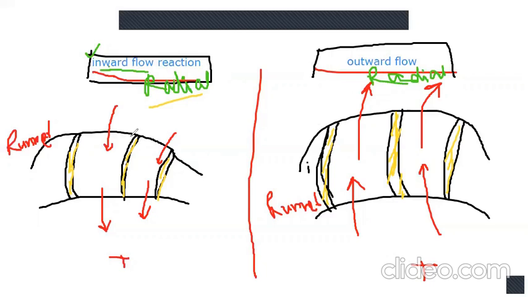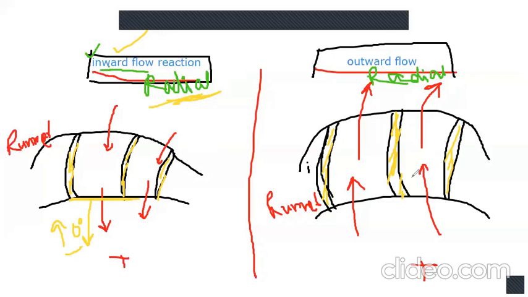Water comes from the outside and goes towards the center. At the outlet point, the water discharge is 90 degrees, so it is called radial.